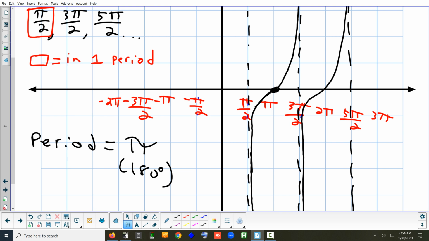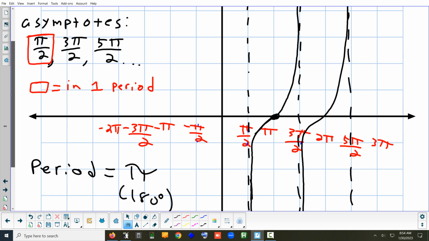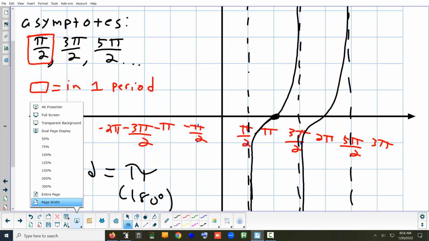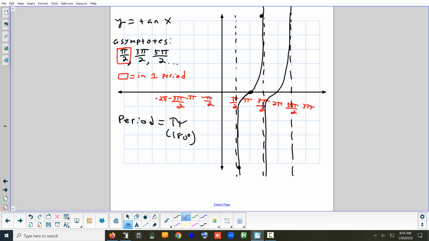The period of tangent and cotangent is pi, not 2 pi. So if I put a box around what one period looks like, that is what one period looks like.